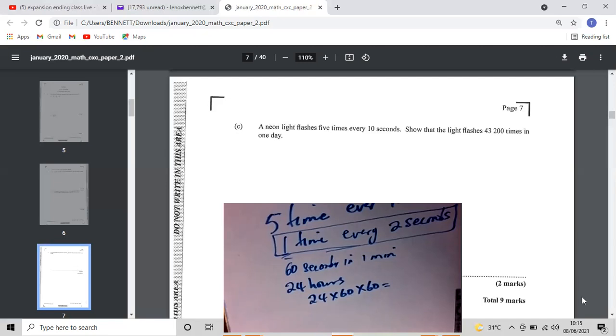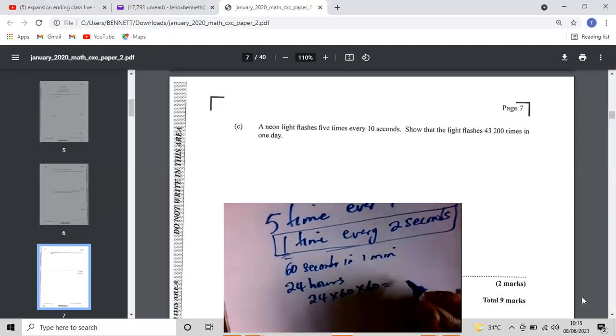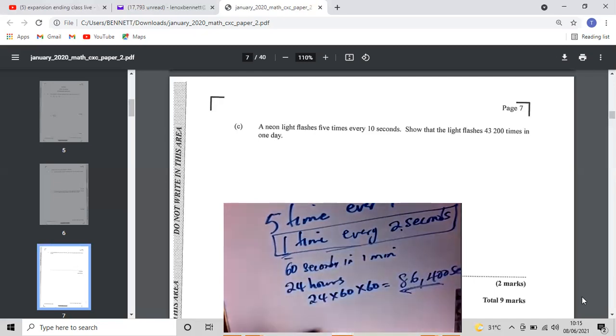And similarly, we multiply by 60 again. So in a day, we have a total of 86,400 seconds. And because it flashes once every 2 seconds, we can just divide this by 2, and it is proven. Just double check: 2 into 8 goes 4, 2 into 6 goes 3, 200. Yes, it is proven.